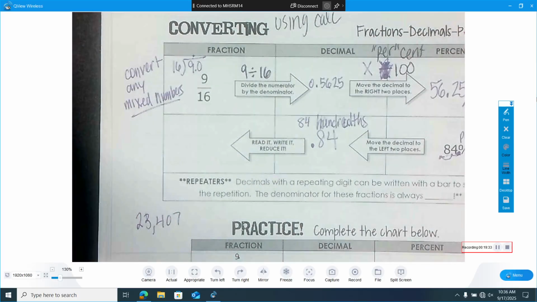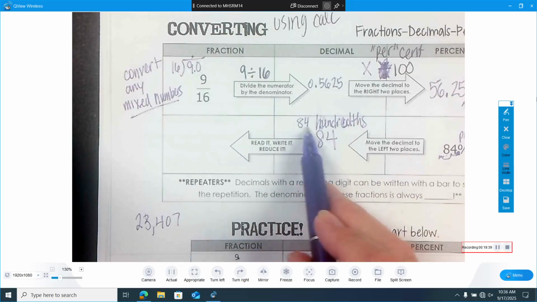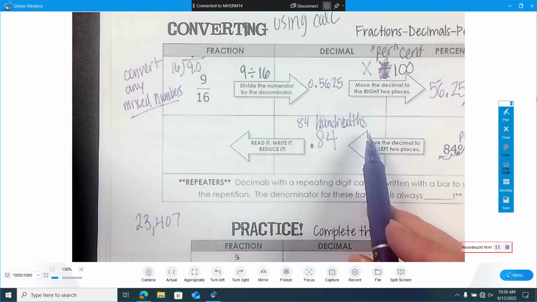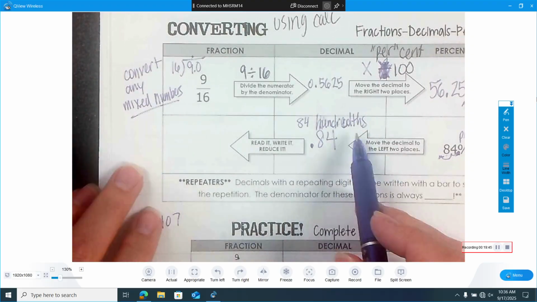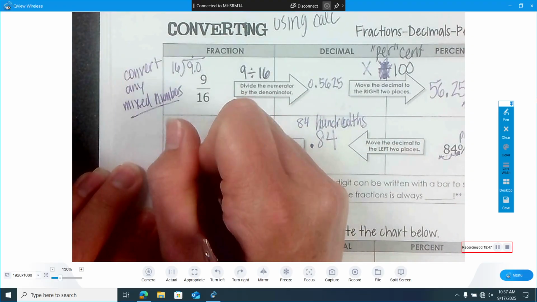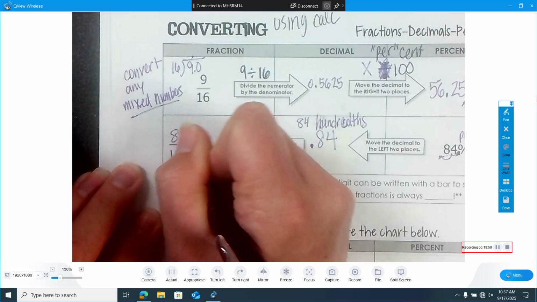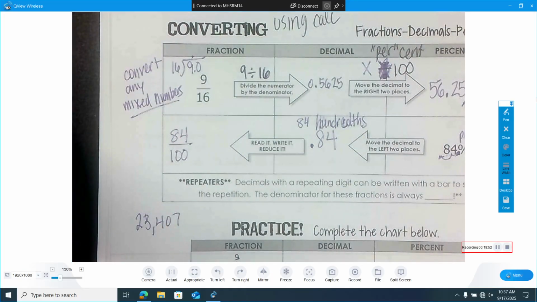I forgot how to spell for a minute there. 84 hundredths, the name of that decimal tells us its fraction form. 84 hundredths is 84 over 100. All right, 84 hundredths.